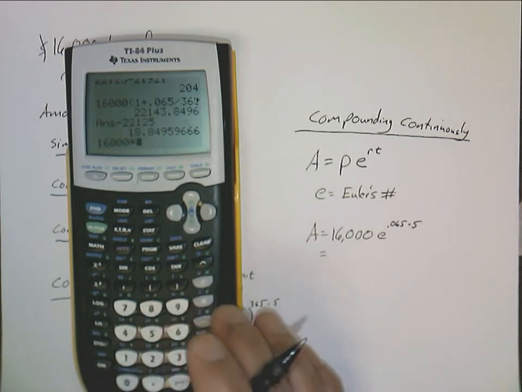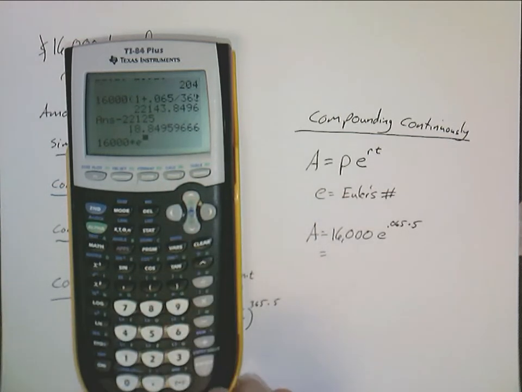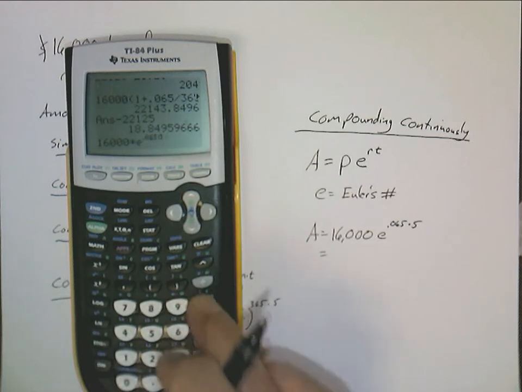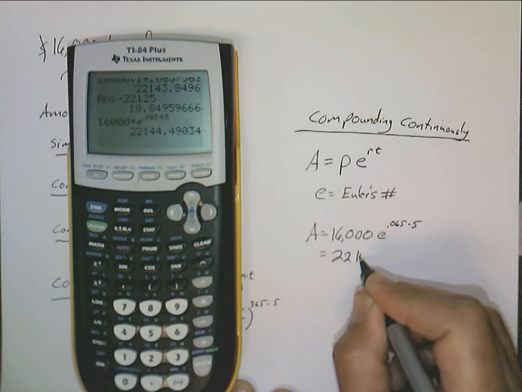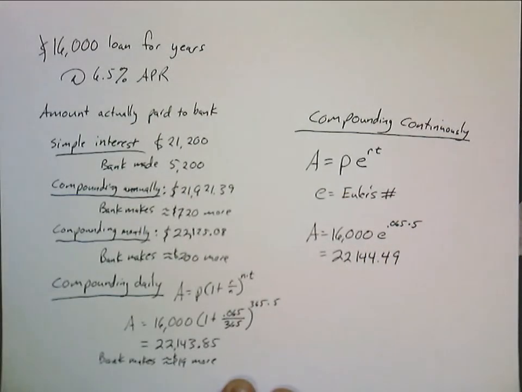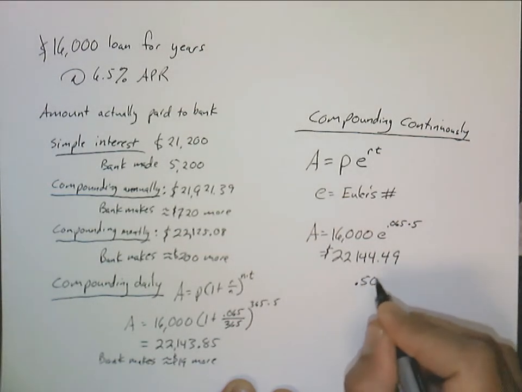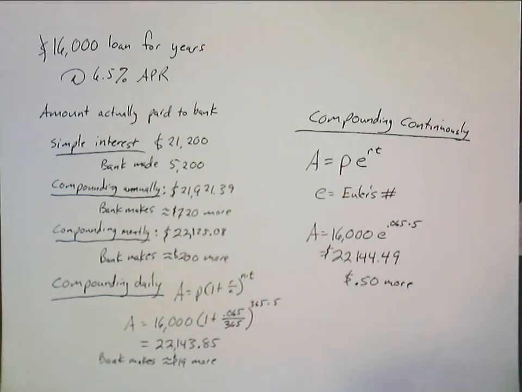Times e, which is the second function on that one, to the power of 0.065 times 5 years, $22,144.49. Well, not much more, 50 cents or so. So not much. And we're not going to do much with compounding continuously.